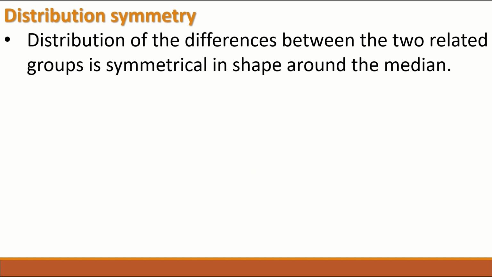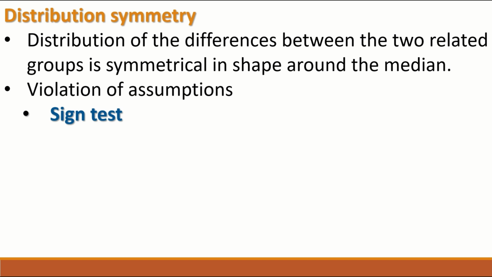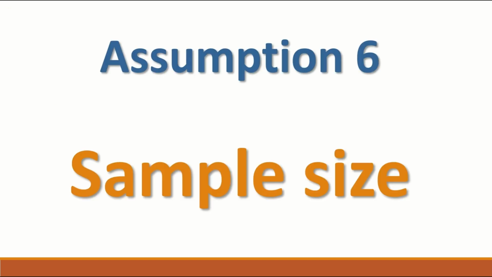So the distribution of the differences between the two related groups is symmetrical in shape around the median, as here the median is taken as a parameter for estimation. If this assumption of symmetry is violated, then another test can be used, which is the sign test.